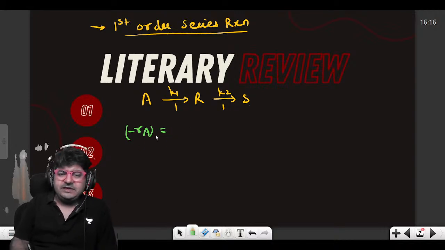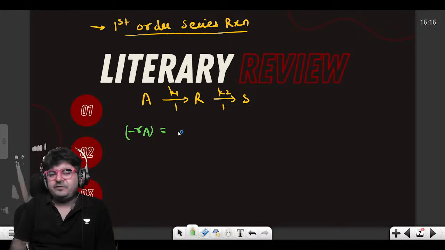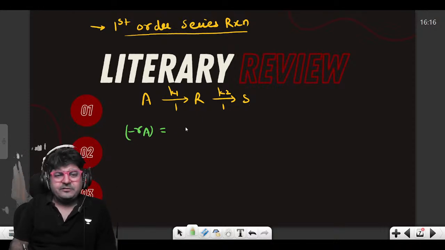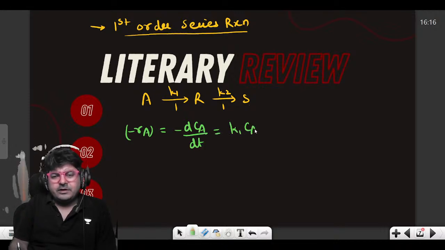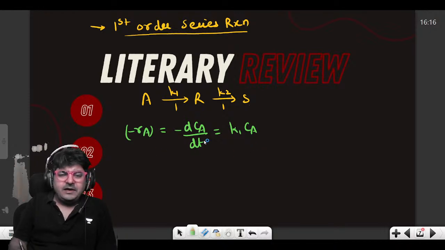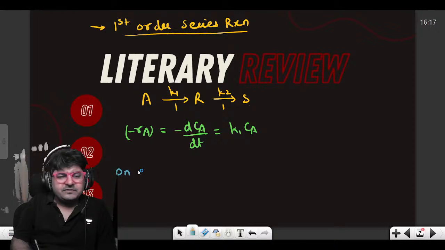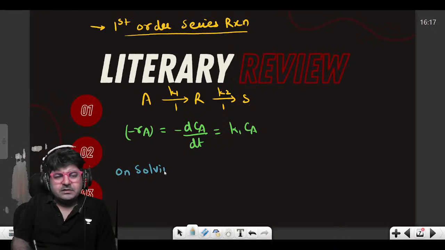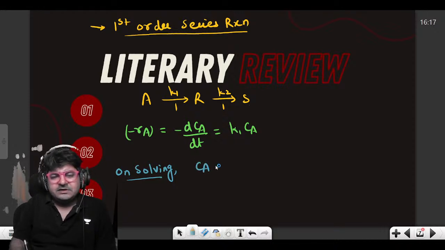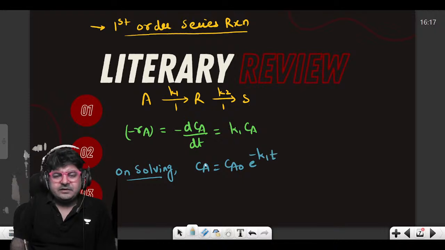For CVRS, rate of reaction in terms of disappearance of A can be written as minus dCA by dt, which from the power law is equal to K1 CA. You know how to solve the kinetic equation. We have discussed that already, so I am writing directly. On solving, we will get CA is equal to CA0 e to the power minus K1t.